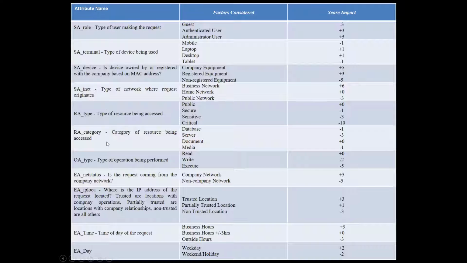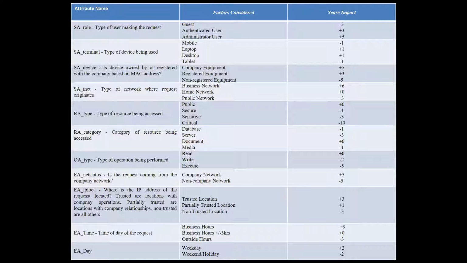And what type of network the request comes from, like which Wi-Fi network the user is using, and whether the Wi-Fi network is public or not secure. And what are the different resources the user is accessing once the user is in the system, and what kind of operations, like read, write or execute.